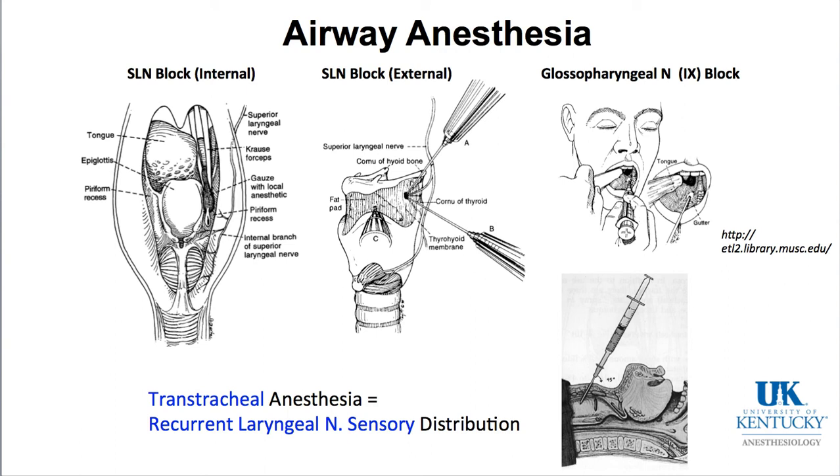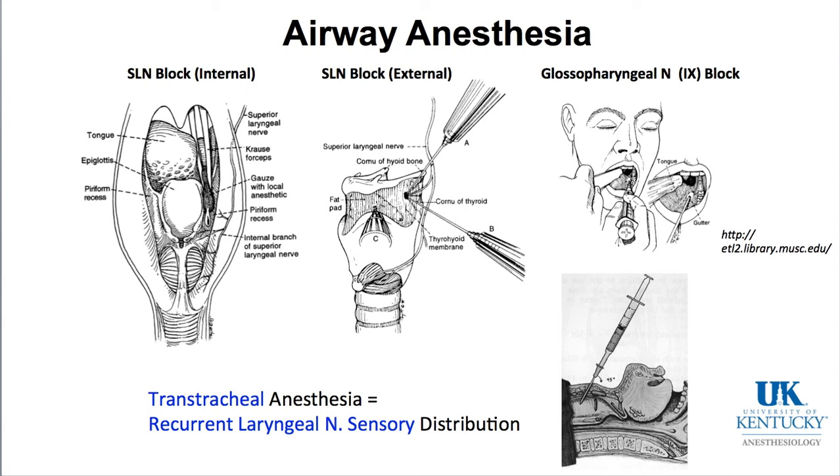This is like looking from behind and out the mouth of a patient. And that forceps is coming in, holding the gauze with local anesthetic, letting it sit next to the epiglottis and the base of the tongue in the piriform recess area, and that will block the superior laryngeal nerve.